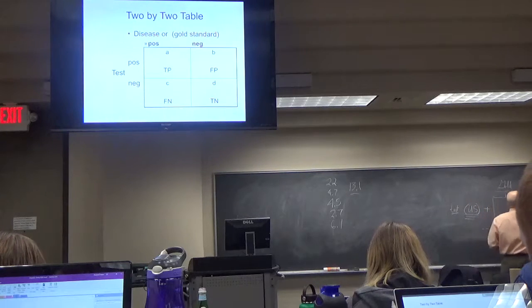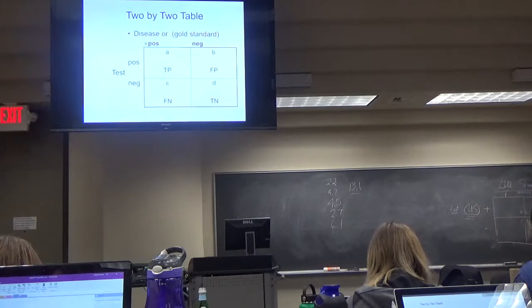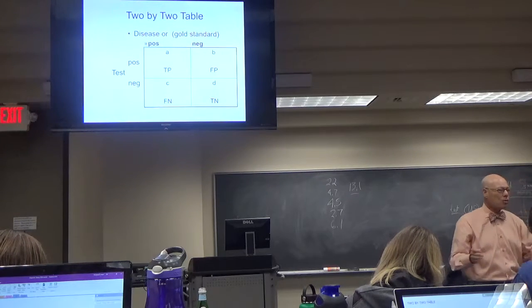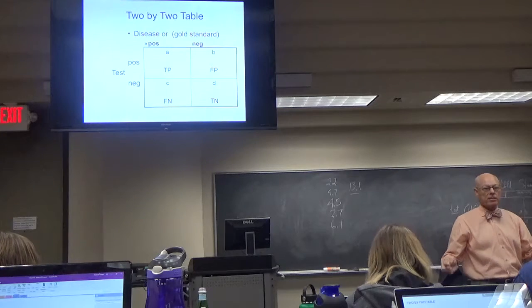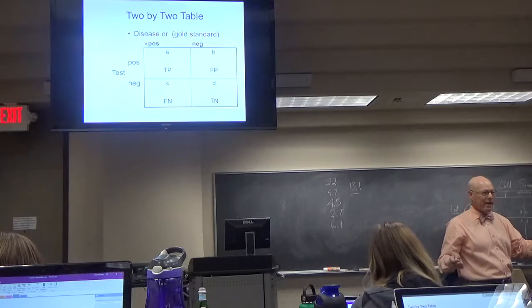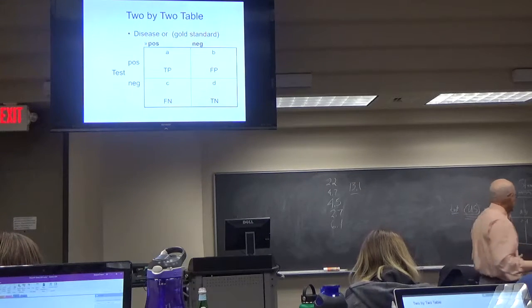If the gold standard is negative, we say they don't have the disease. But that's not actually true in reality. That's not actually true, but it's the best we can do. In most illnesses, it's the best we can do. I'm trying to point out how ambiguous this stuff is.